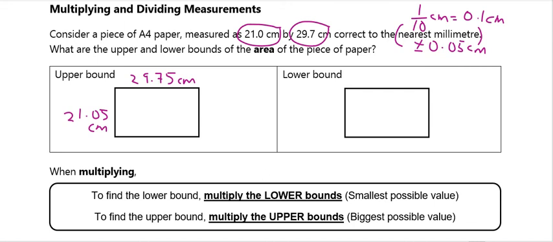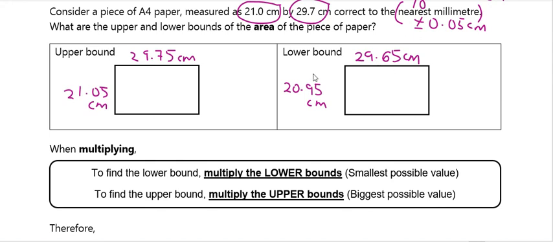Here the length is 29.7 minus 0.05, so you get 29.65 centimeters, and for the width it will be 21.0 minus 0.05, so you get 20.95 centimeters, right?